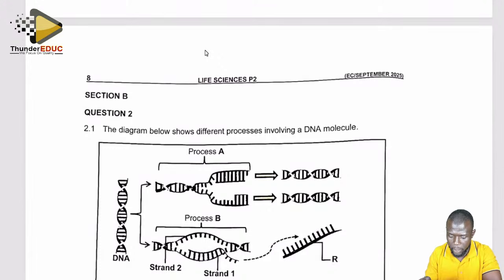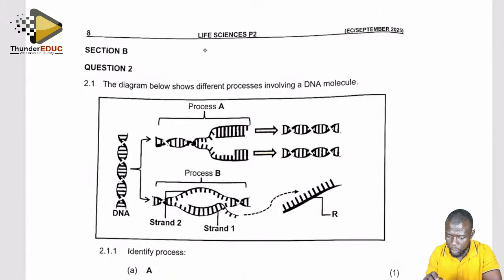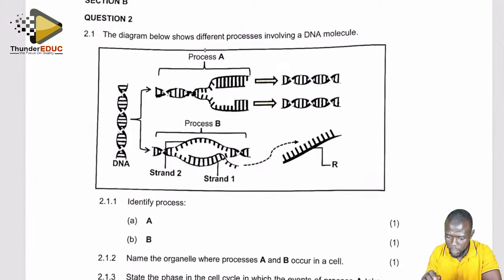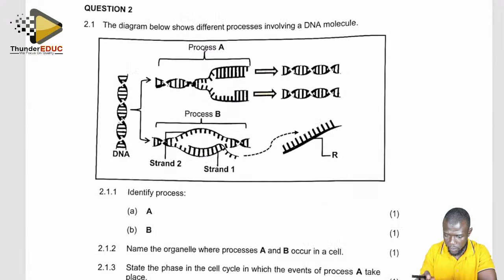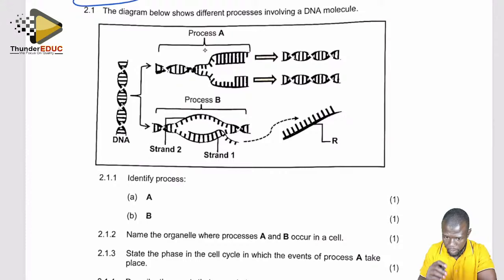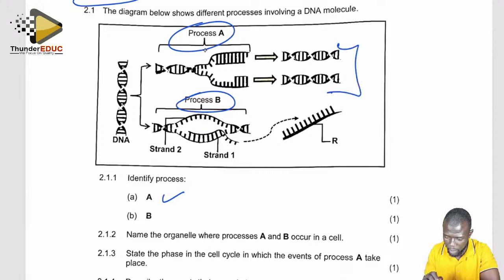So question number 2 is saying that the diagram below shows different processes involving the DNA molecule. You have process A and process B. They're saying identify process A. If you look here, we see that in process A you're forming DNA, so this is DNA replication.